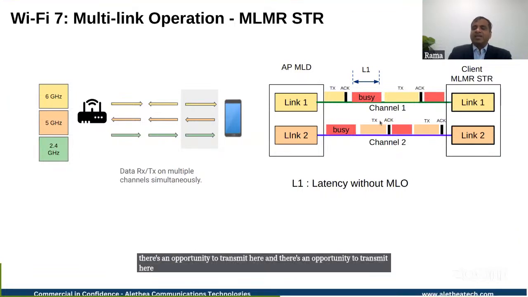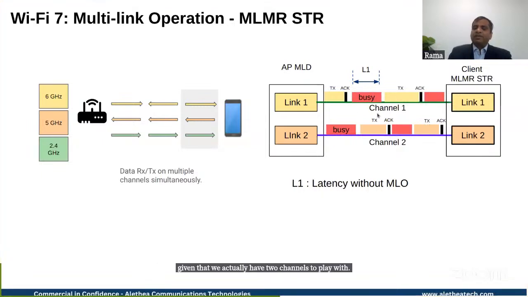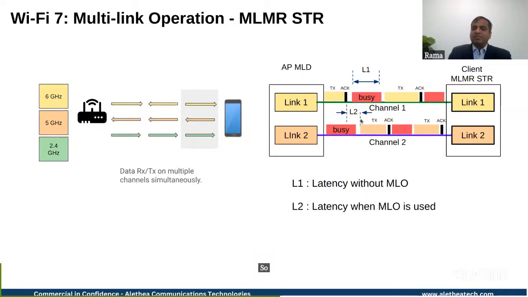Given that we actually have 2 channels to play with, the opportunities for transmission is higher. And given that the busyness of the channels are random, it's possible that you may always get the other channel free. So now the latency measurement, if you do with the MLO, would be lower.